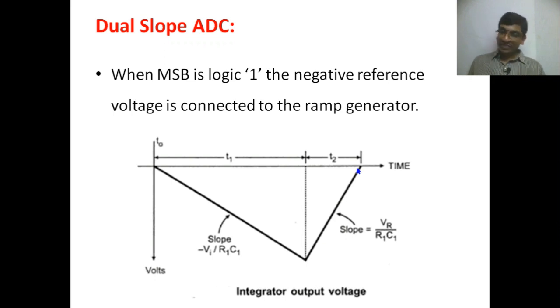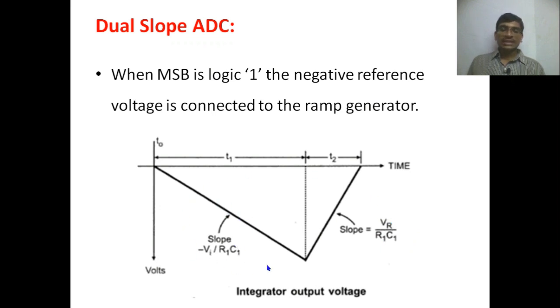The output voltage increases until it reaches 0. The time at which it reaches 0 is called T2, the time from T1 to reaching 0 volts. It has a slope of VR by R1 C1, because this slope is due to the reference voltage and the earlier slope is due to the input voltage.